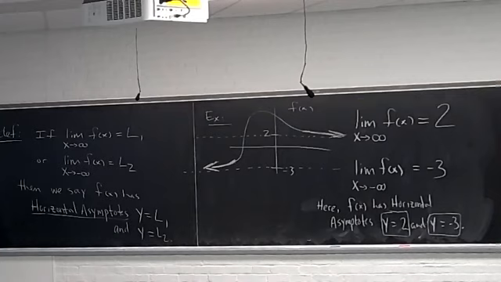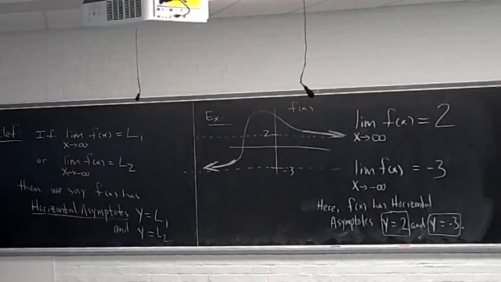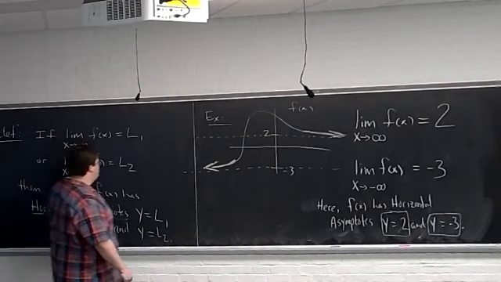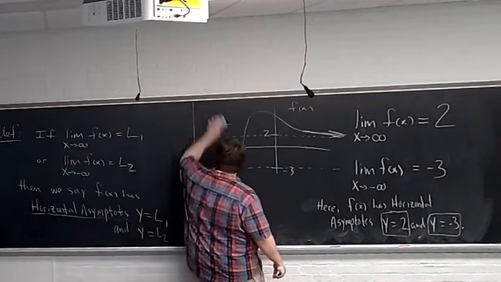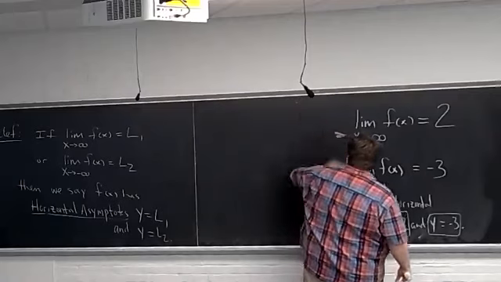So to find vertical asymptotes, we looked where the denominator was 0. To find horizontal asymptotes, we're going to have to look at two limits: the limit as x goes to infinity and the limit as x goes to negative infinity. So let's do that.